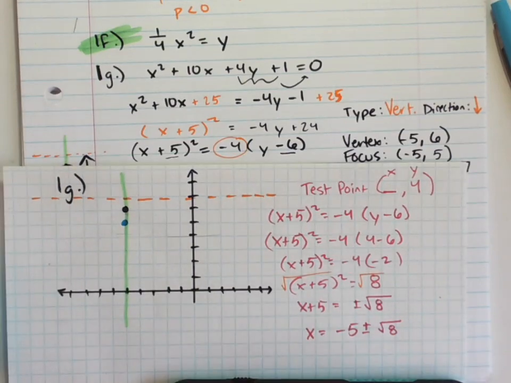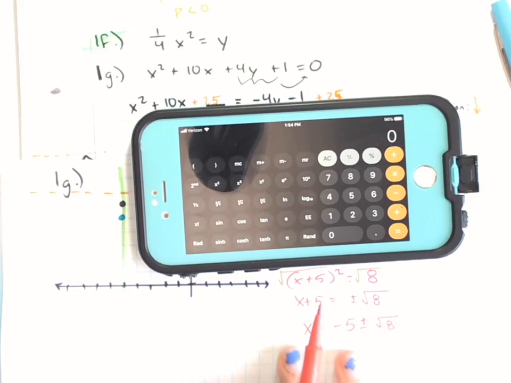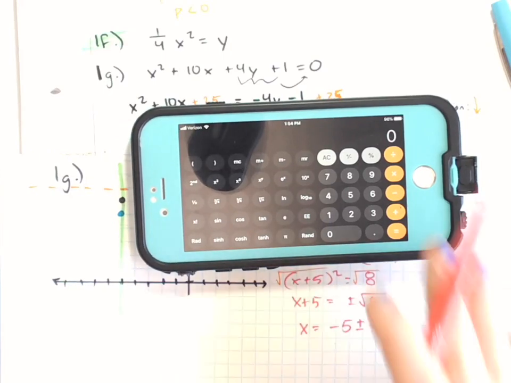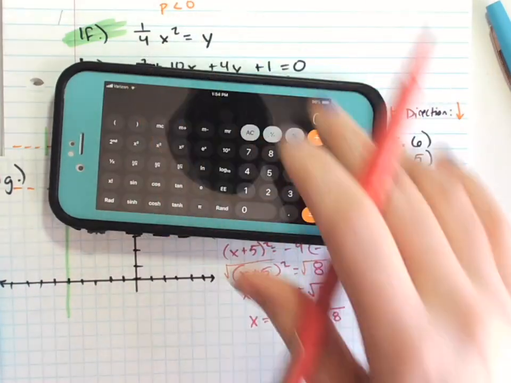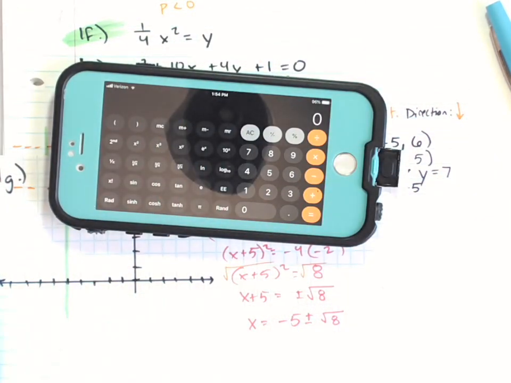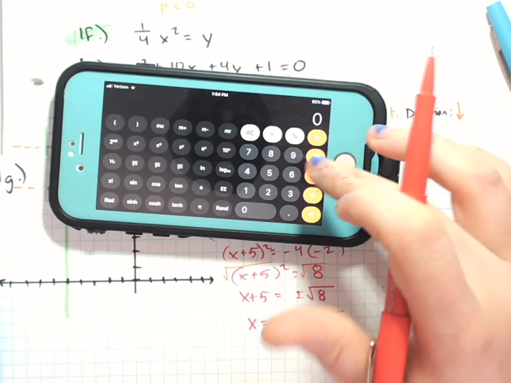Okay, let's clear that. So I'm typing both -5 plus square root of 8 and -5 minus square root of 8.